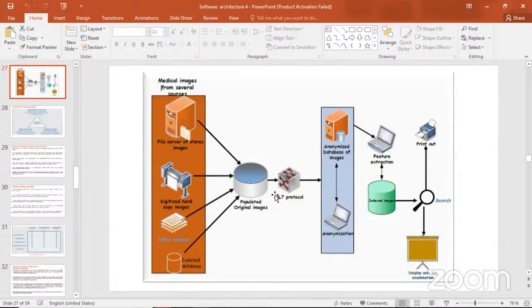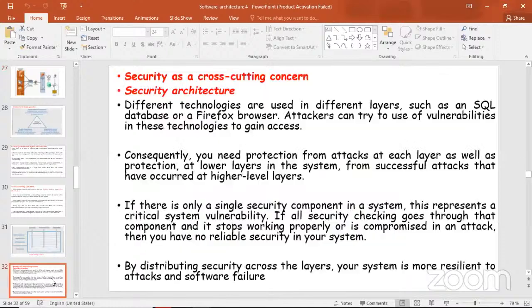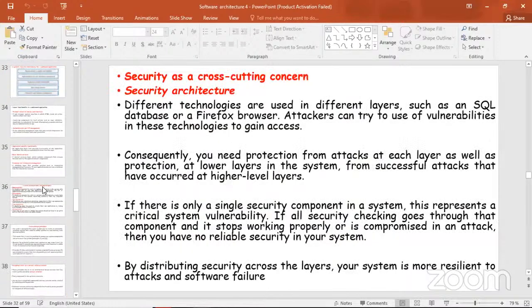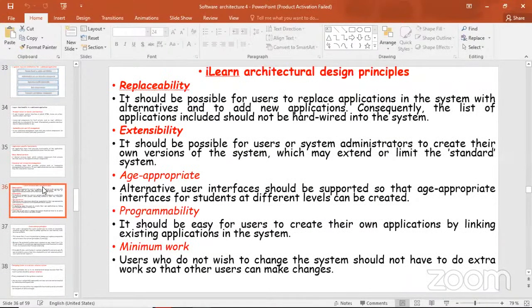So you write extensively on this framework as it affects design principles. The design principles are replaceability, extensibility, and age appropriate. Now, for this age appropriateness, you should replace it with user appropriateness.